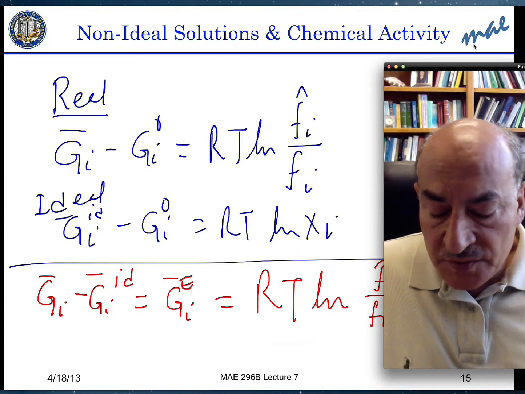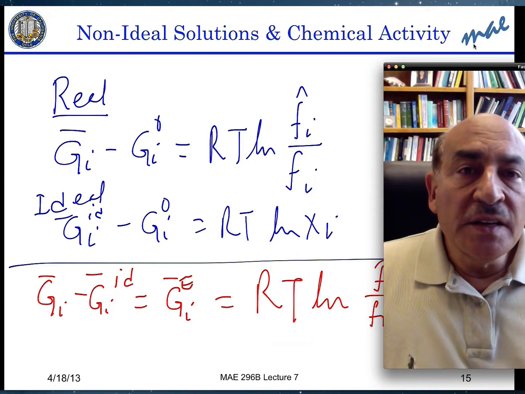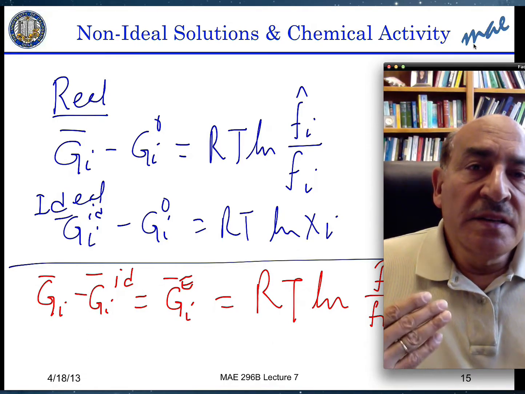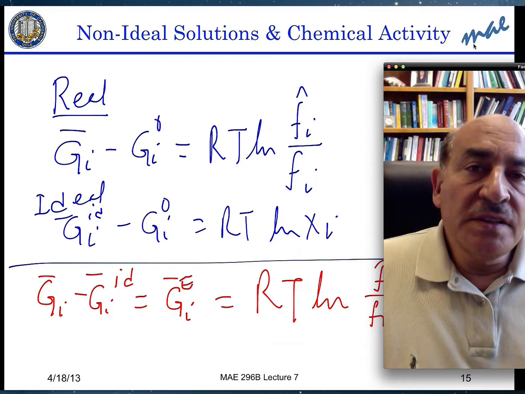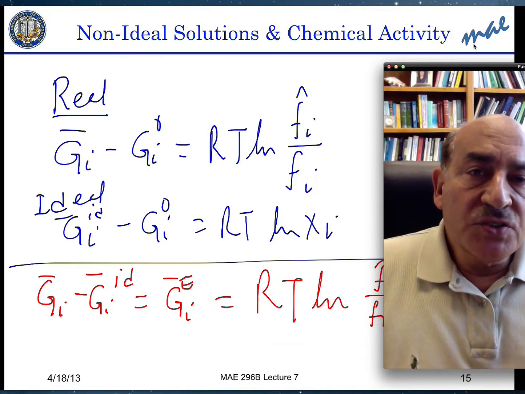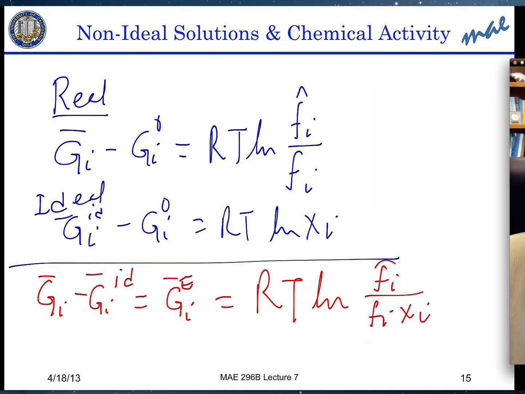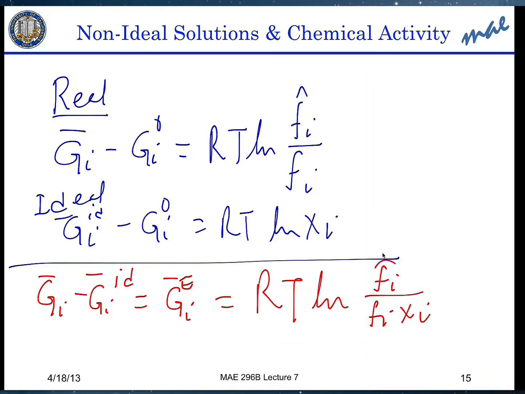So the result that we have here is very interesting. It tells us that the excess Gibbs free energy of an element in a mixture is equal to RT times the log of the ratio of fi hat over fi times xi.